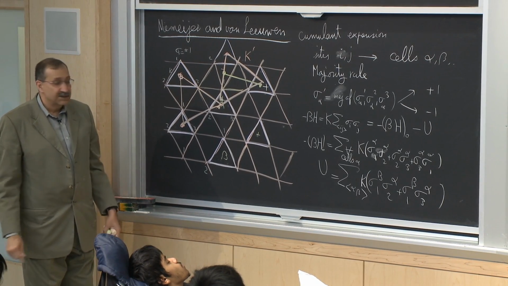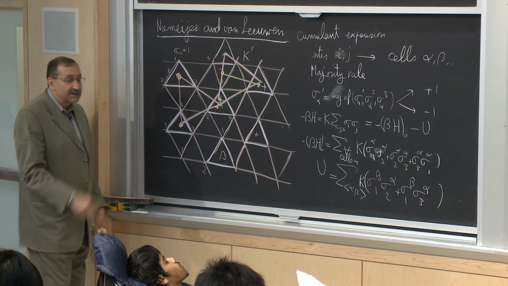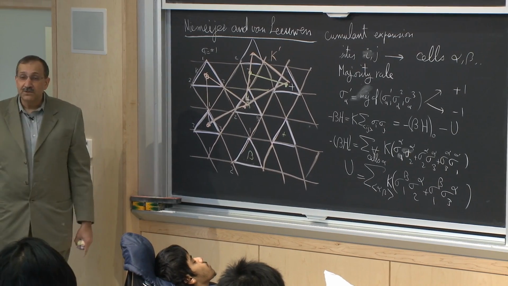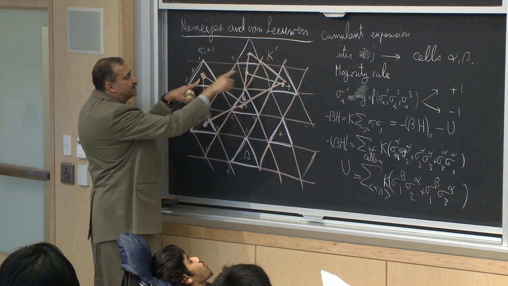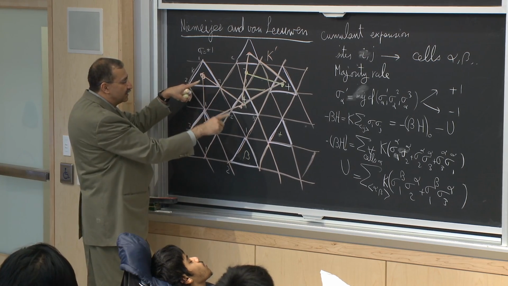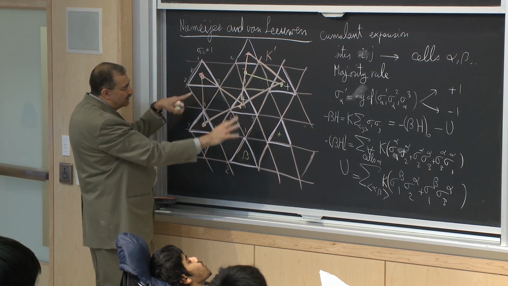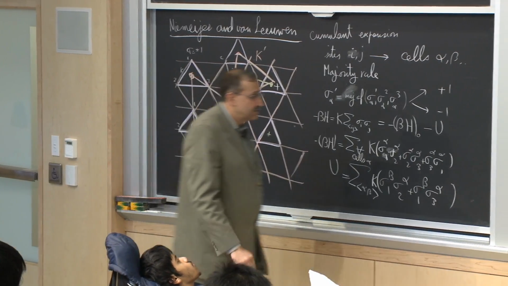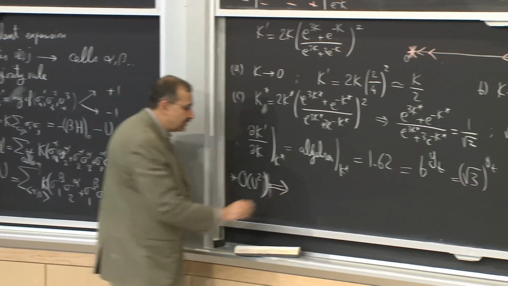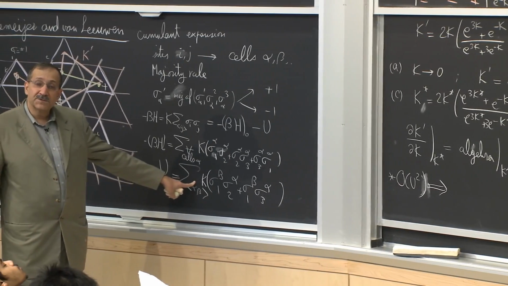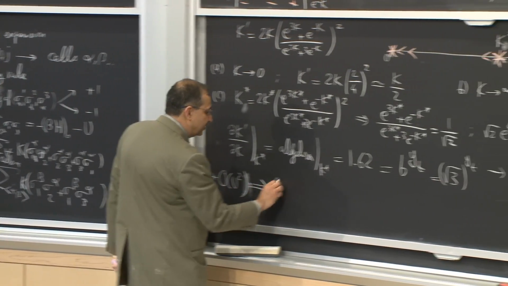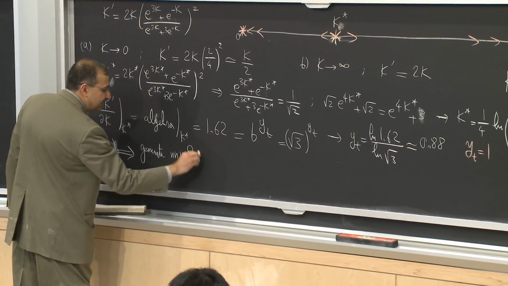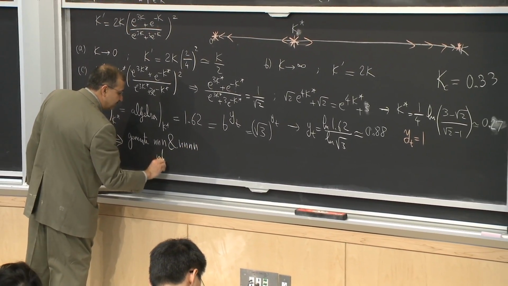By that kind of reasoning, you can convince yourself that what happens at next order is that in addition to interactions between neighbors, you will generate interactions between things that are 2 apart and things that are 3 apart. So basically, next nearest neighbors and next-next nearest neighbors. So even if you start with a form such as this, you will generate next nearest neighbor and next-next nearest neighbor interactions.